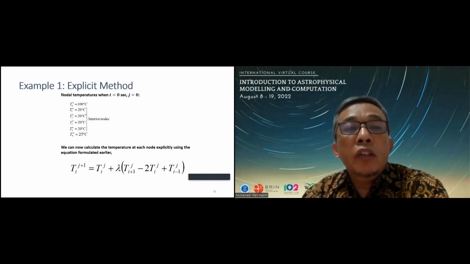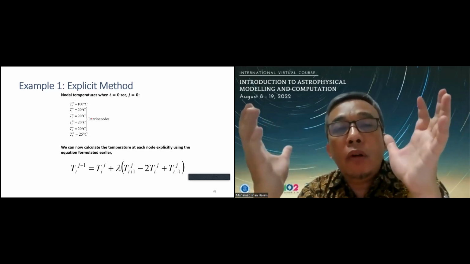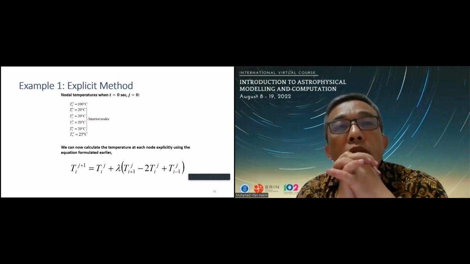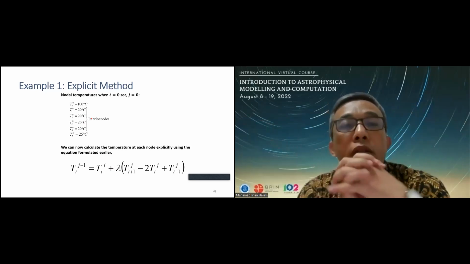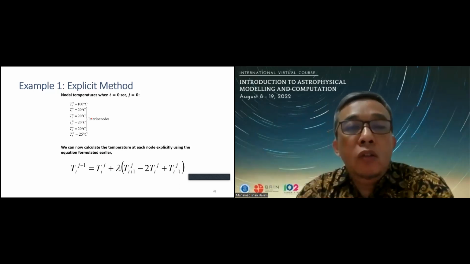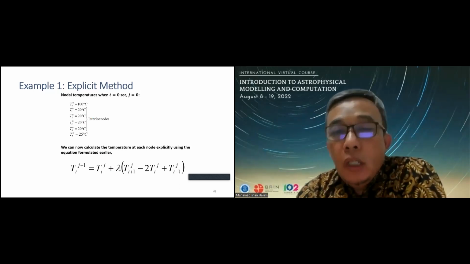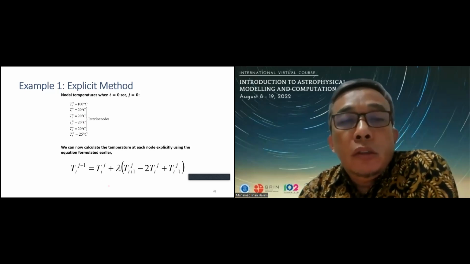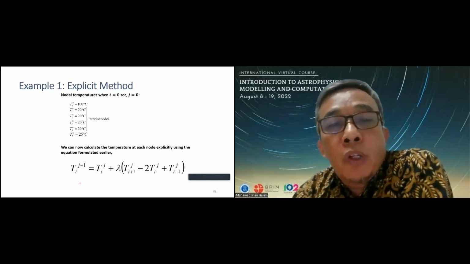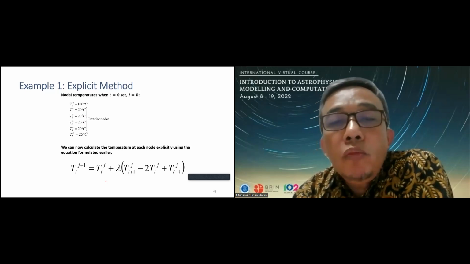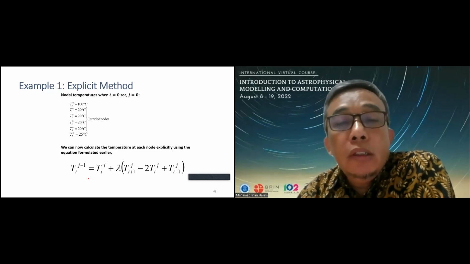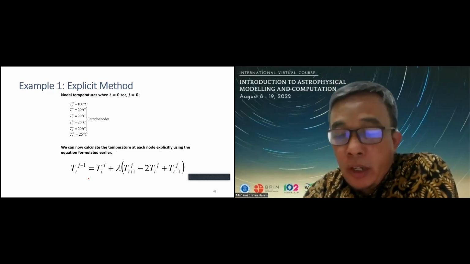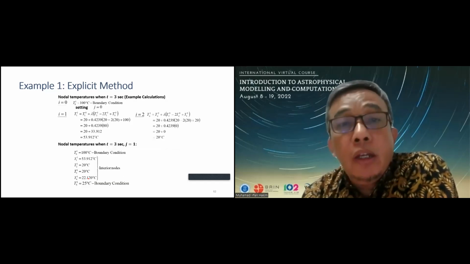This is the list of all temperature values for all nodes, including interior nodes. So here we are using this explicit relation between temperature on every node and two adjacent spatial nodes.